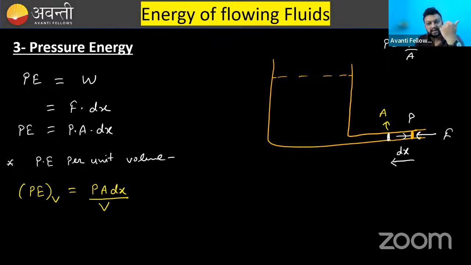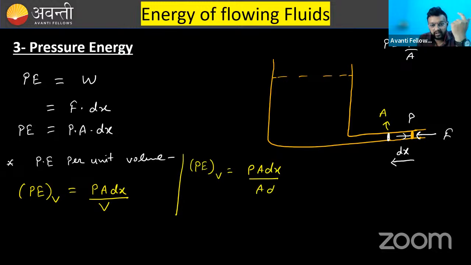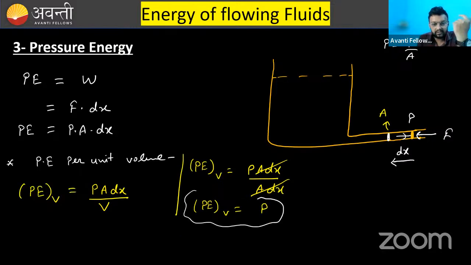Base area is A, height is dx. So pressure energy per unit volume is P A dx divided by A dx. A dx will cancel out. So pressure energy per unit volume is equal to the pressure.